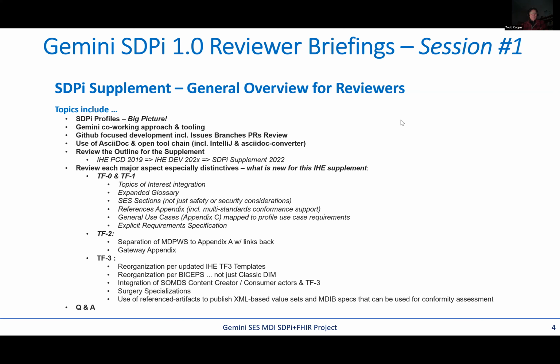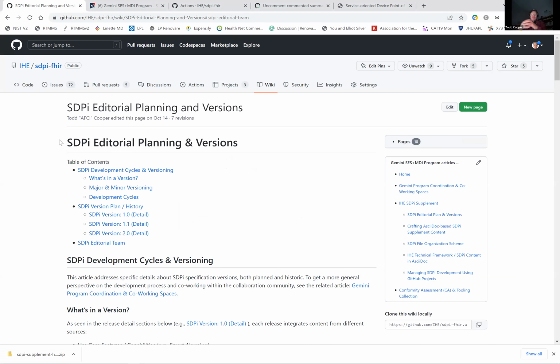Okay. So GitHub, if you're not familiar with GitHub, all of IHE profile development, supplements, all of that is now rooted in GitHub. It just provides all of the configuration management, the version management, the ability to have a mainline master document and then branch off of that, do development, have that all reviewed, pull that back in.